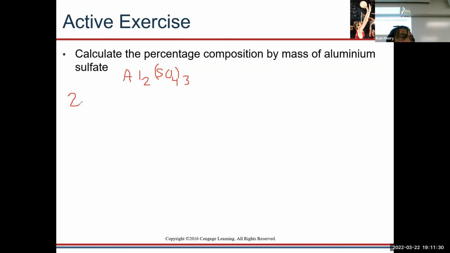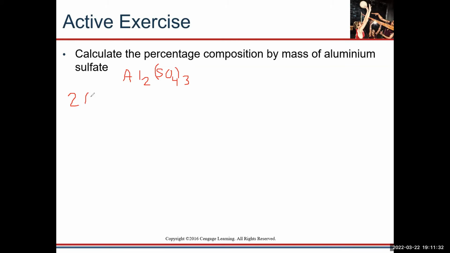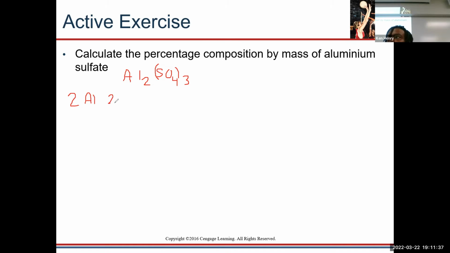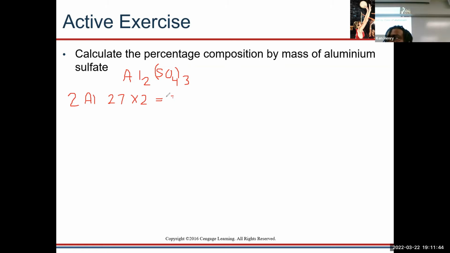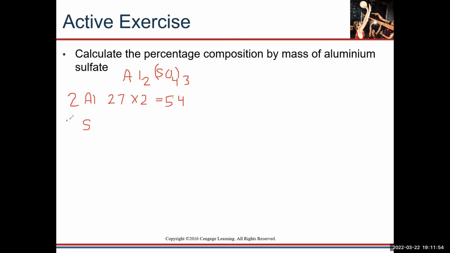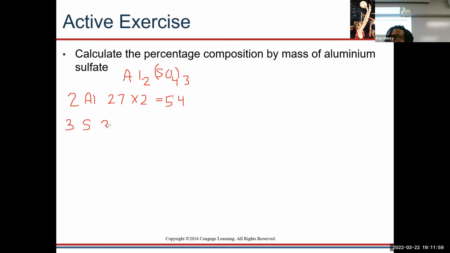Okay, how many aluminums do I have? 2. Aluminum weighs 27, times 2, so it's going to equal 54. How many sulfurs do I have? 3. Sulfur weighs 32, so 32 times 3 is 96.